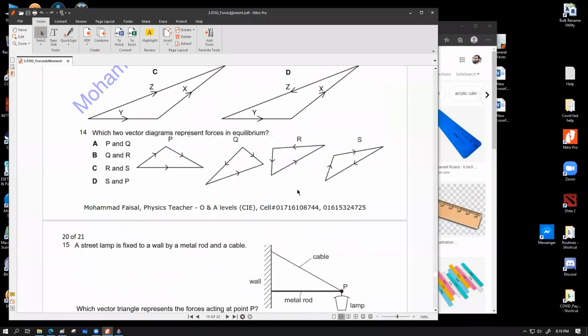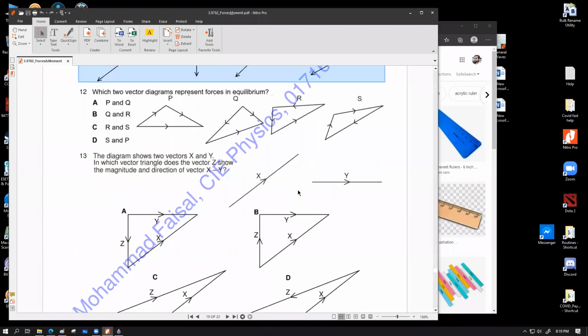Sir, could you help in number 12 as well? Which two vector diagrams represent forces in equilibrium? Do you know how to judge from a vector diagram whether forces are in equilibrium?